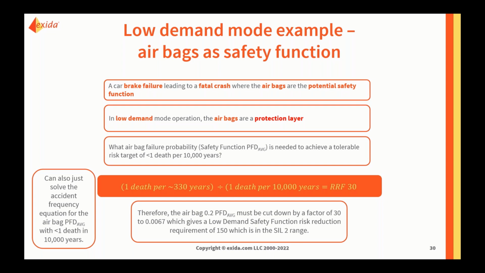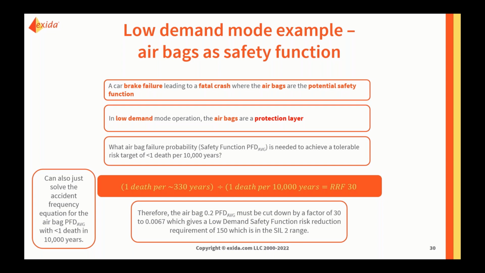So we find that our risk reduction factor of 150 total for the airbags is now required to hit our frequency target for our accident. And again, that also happens to sit in the mid SIL2 range. And again, just like previously, we can rearrange the equations and solve for the variable PFD average of our airbags.